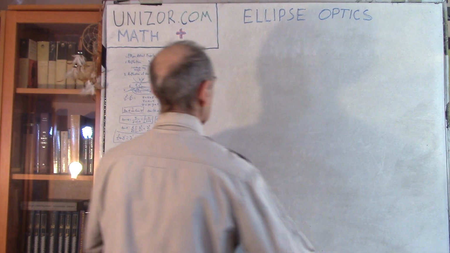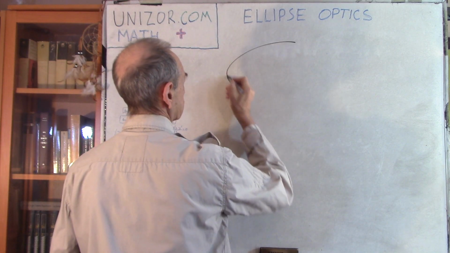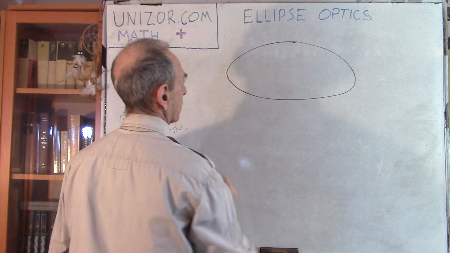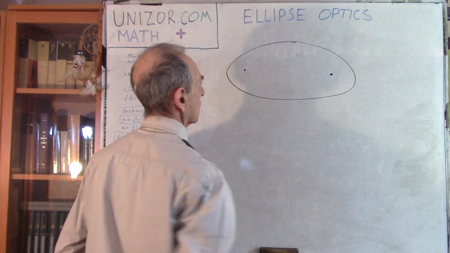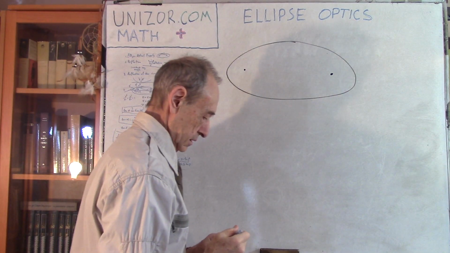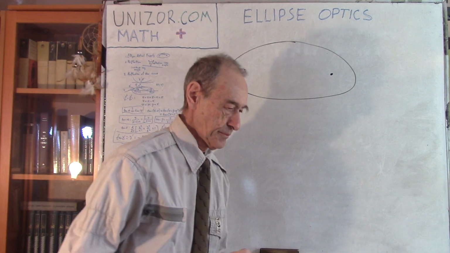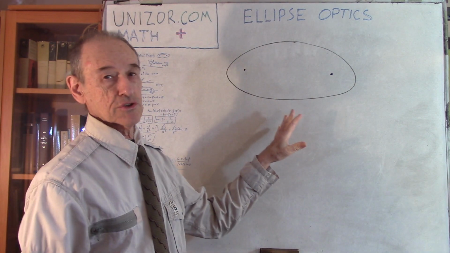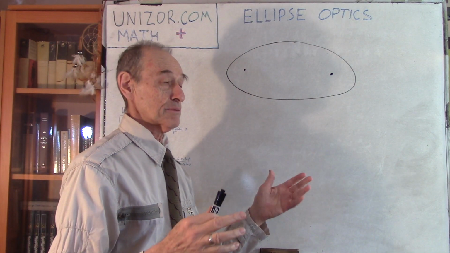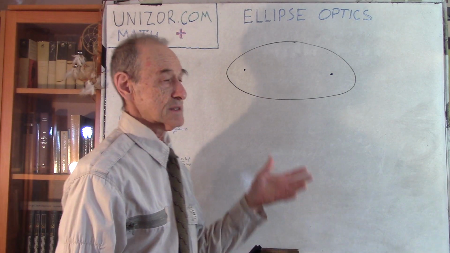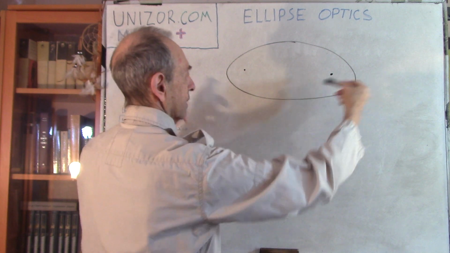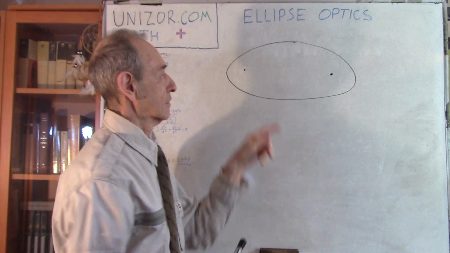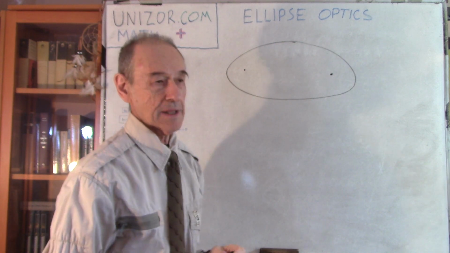Let's consider you have an ellipse and it has two foci, and let's assume that we are talking about the two-dimensional case. Now, in theory, if we are talking about physics, it's supposed to be an ellipsoid, if you just rotate it around the main axis.